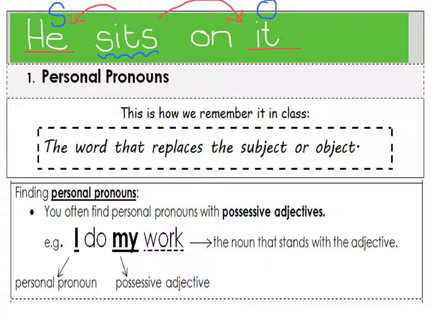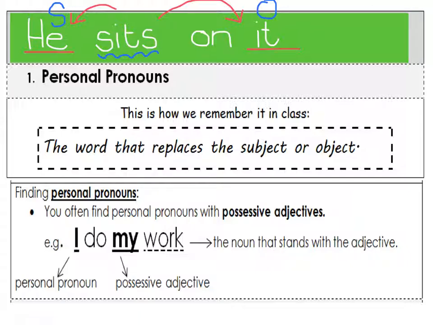Be careful because often you find a personal pronoun with a possessive adjective, and we'll talk about possessive adjectives in the next tutorial. In this sentence, I do my work, we find two pronouns. The first one is I, and the next one is my.